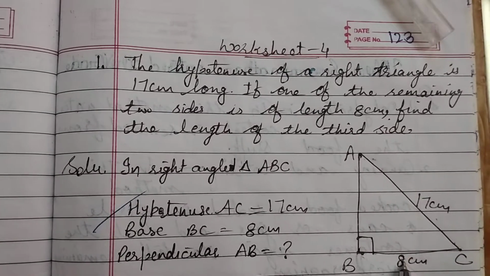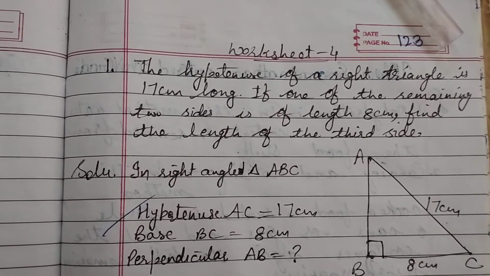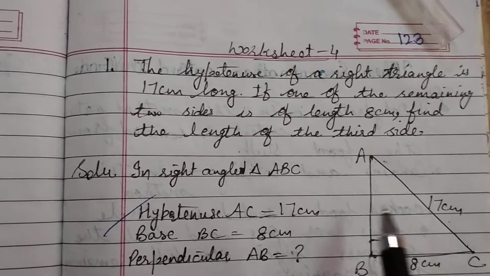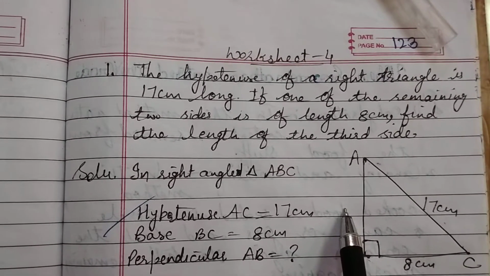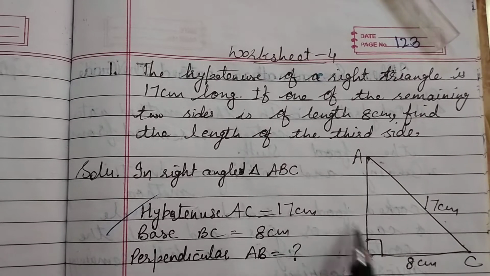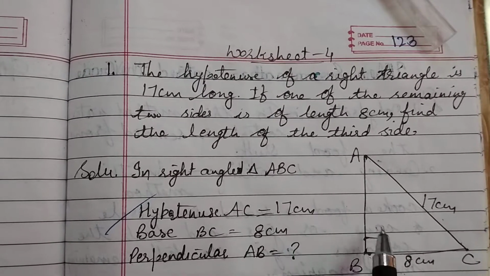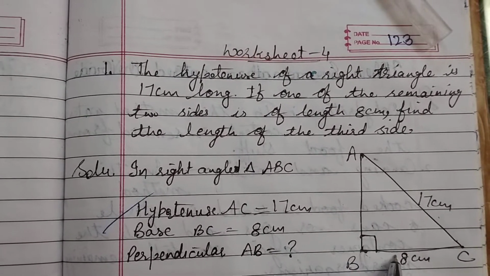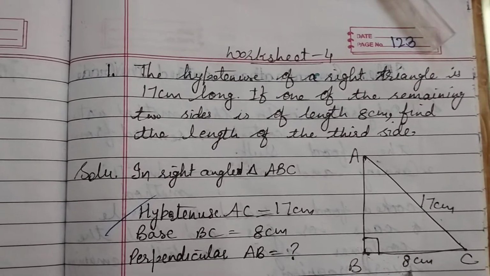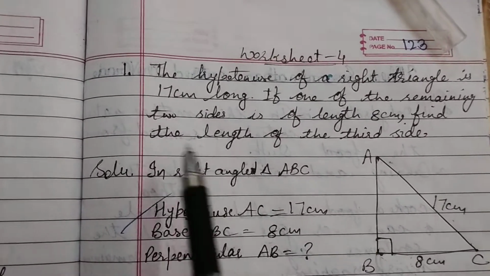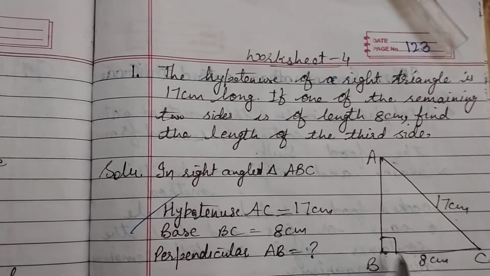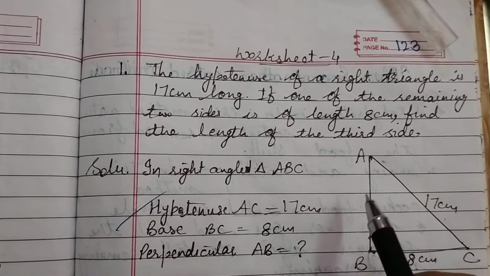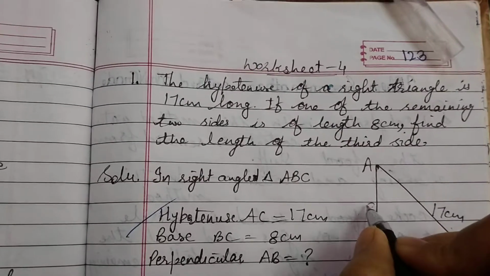Two sides are remaining. Actually it is not mentioned which, so from these two sides we can take any one side. Clear? 8 centimeter this we have taken. Now find the length of the other side, the third side length we have to find.